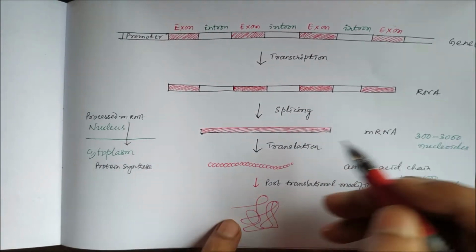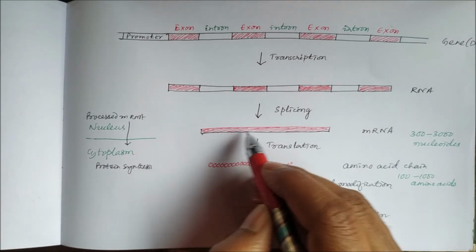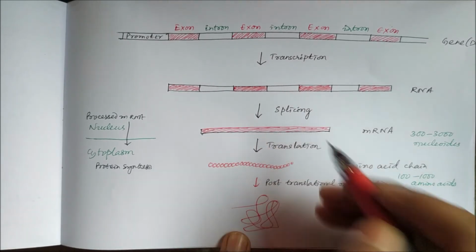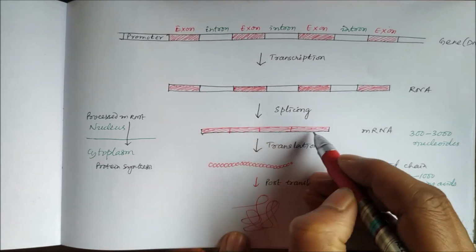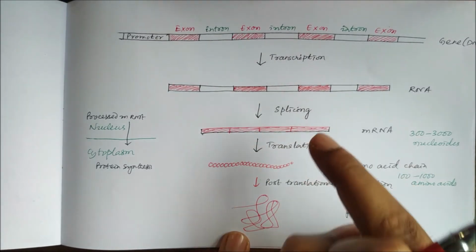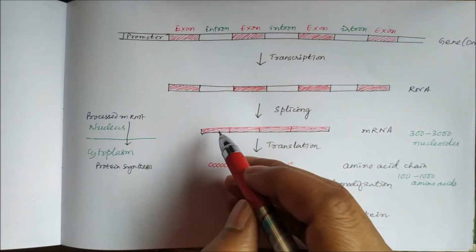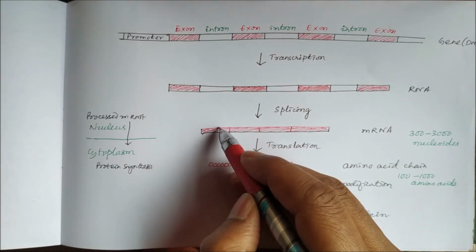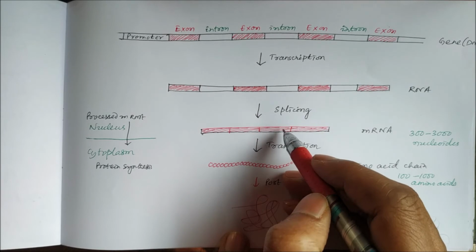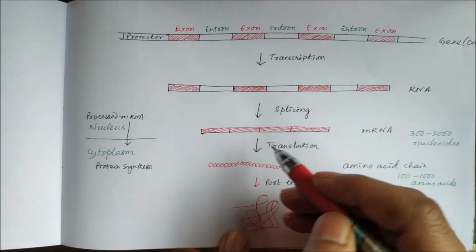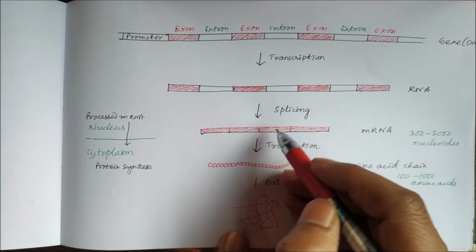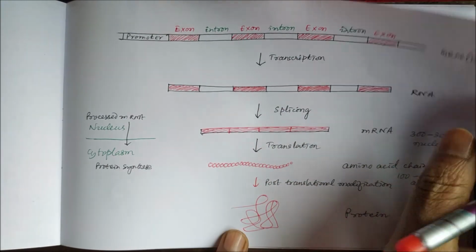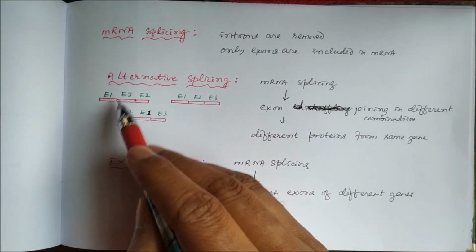Then we can have a combination where E1 is followed by E2, followed by E3, followed by E4. This is one combination. We can have another combination, E2 followed by E3, followed by E1, followed by E4. We can have another combination, E3 followed by E2, followed by E4, followed by E1. So we can have different combinations.